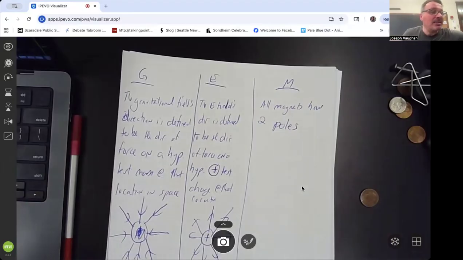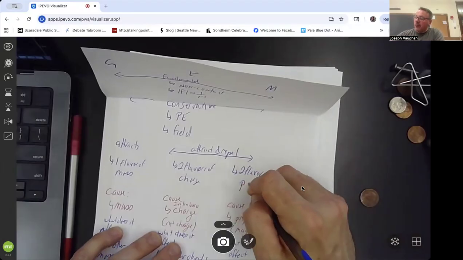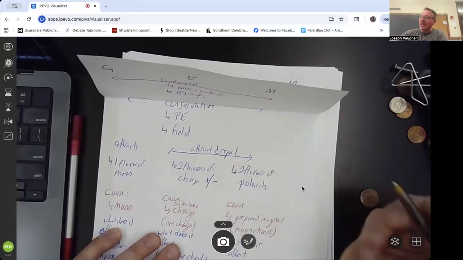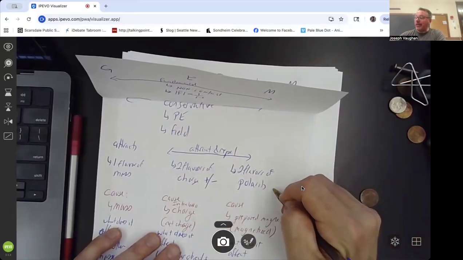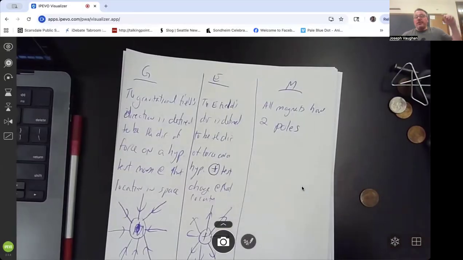So the flavor of magnetism is going to be the polarity. Going back to the beginning, where the two flavors of charge were positive and negative, the two flavors of polarity are called north and south. One end of the magnet is called the north pole, one end is the south pole.